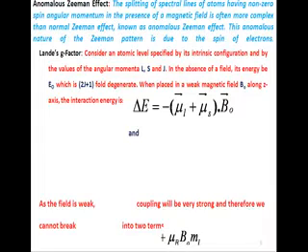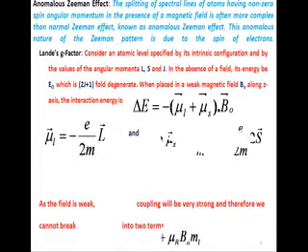That means the magnetic moment coming due to the spin angular momentum is also involved here, where mu L is given by minus e over 2m L vector, and mu S is equal to minus e over m S vector.